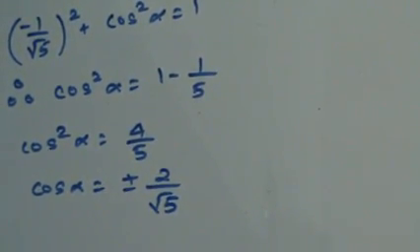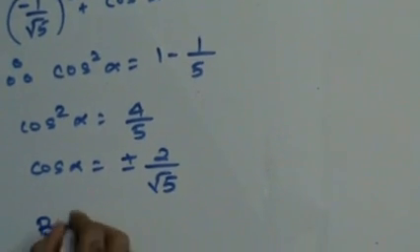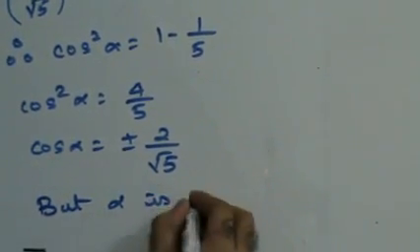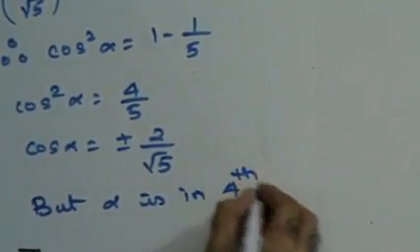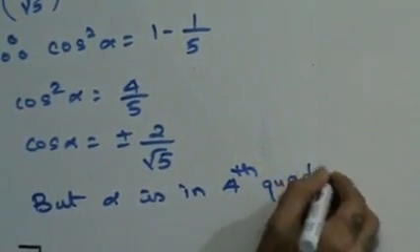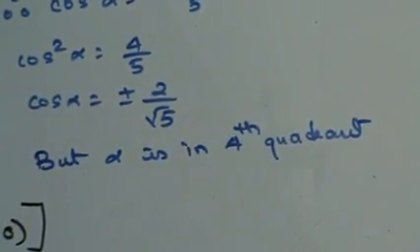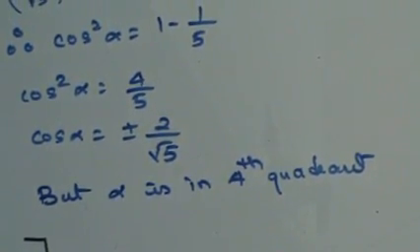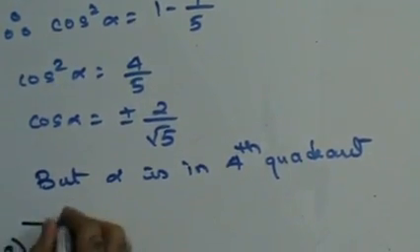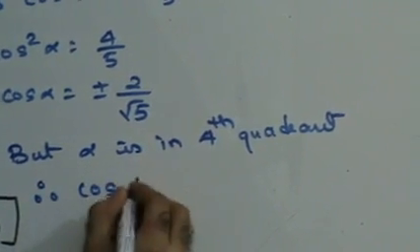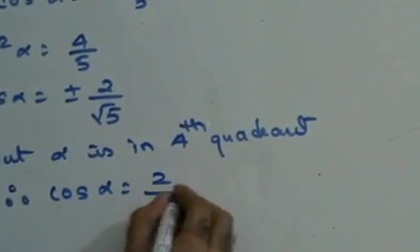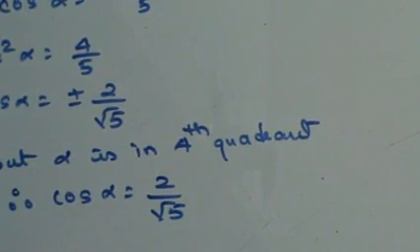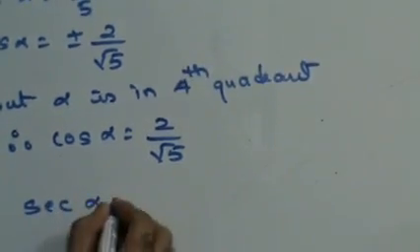We already know that alpha is in the fourth quadrant. And from that short form, All Silver Tea Cups, we know that in the fourth quadrant the cos ratio is positive. Therefore, cos alpha is plus 2 by root 5. Once I know cos alpha, I can find out sec alpha.